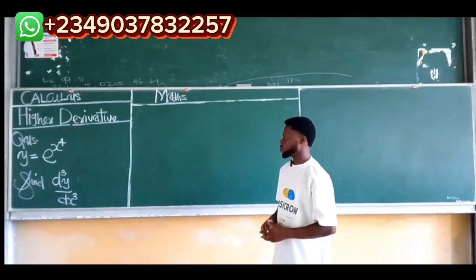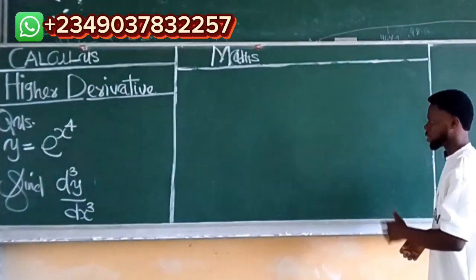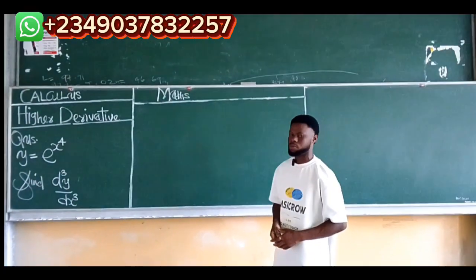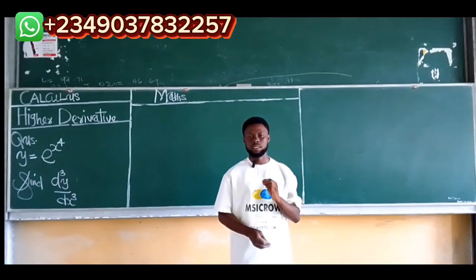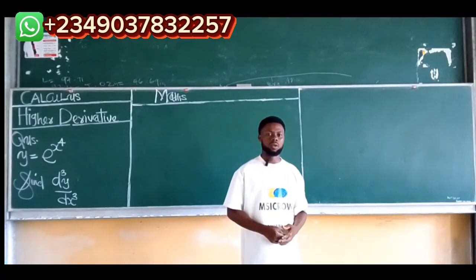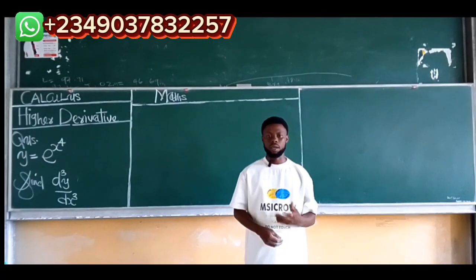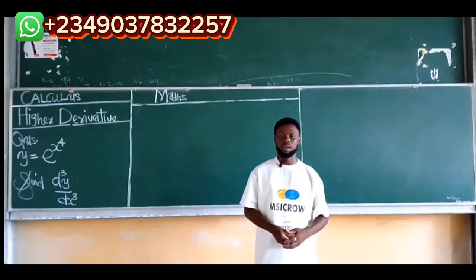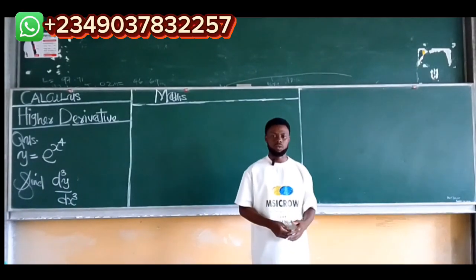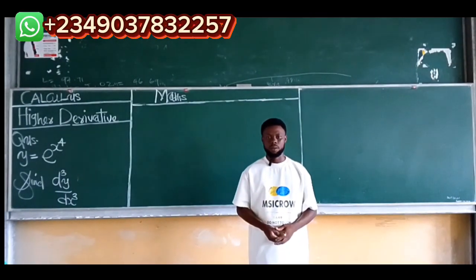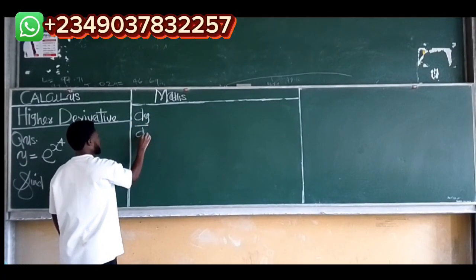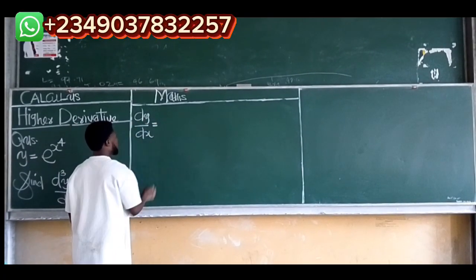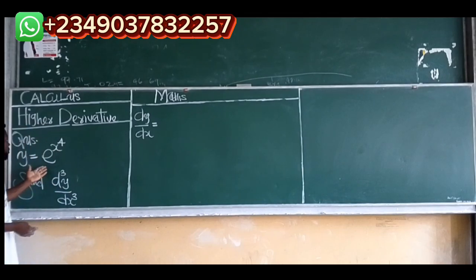So what should we do to obtain the d³y over dx³? It's very simple. The first thing we have to do is to get the first derivative, which is dy over dx. Again, we are going to differentiate dy over dx to get the d²y over dx². The dy over dx of this exponential form, this is written in its exponential form.